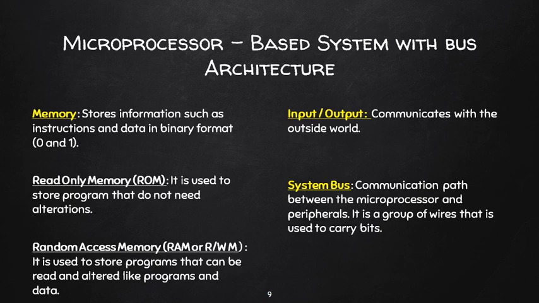They include devices such as light emitting diodes, which is LED, a cathode ray tube or video screen. It can also be a printer, an XY plotter, a magnetic tape or a digital to analog converter. So these are all the basic blocks of a microprocessor-based system with bus architecture.